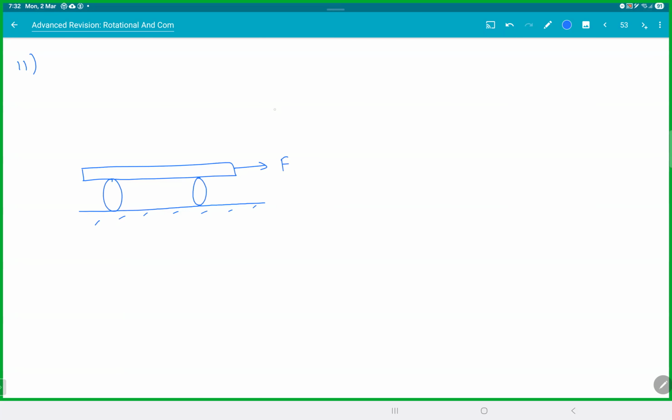We have a trolley of mass m. There is a lot of sand piled up on top of it. So m is the mass of sand plus trolley.